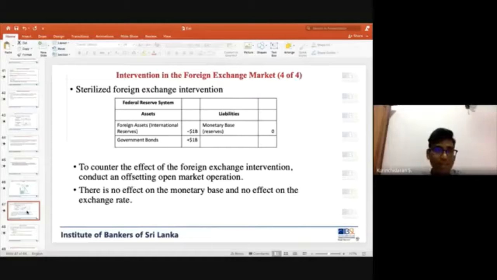One leg, the central bank sells the foreign assets and buys back the local currency. Simultaneously, at the same time, the central bank can sell its local currency again and buy bonds through open market operation.